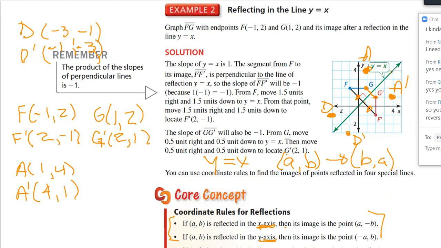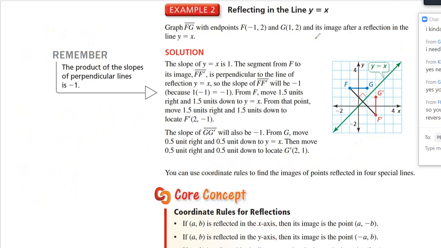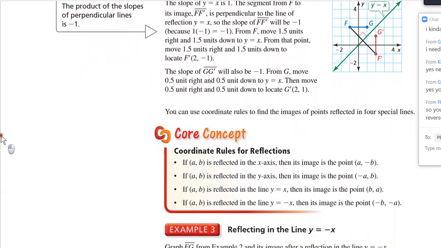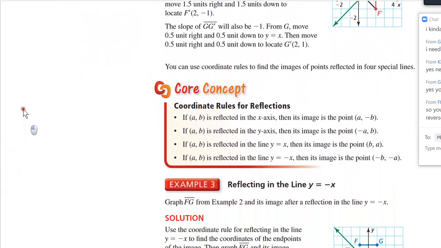The points that are on the line y equals x are their own reflection. Notice, this is the point 4, 4. Well, if I switch the y and the x around, I still get 4, 4, don't I? Tricky. Hold on, let me clear what I have here and move up a little bit. All right.